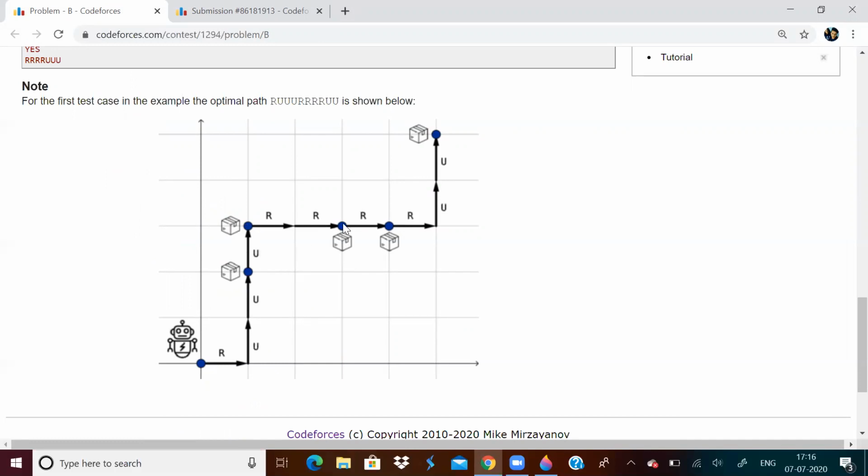Let us consider this point. The y coordinate of this point is equal to the y coordinate of the previous point. Similarly with this, the y coordinate of this point is equal to the y coordinate of the previous point.